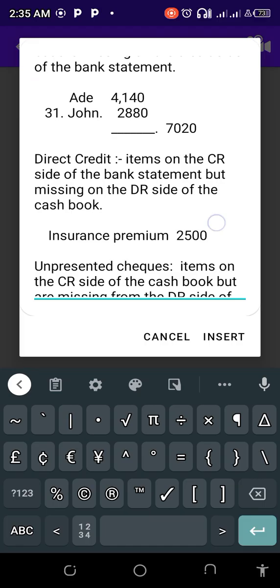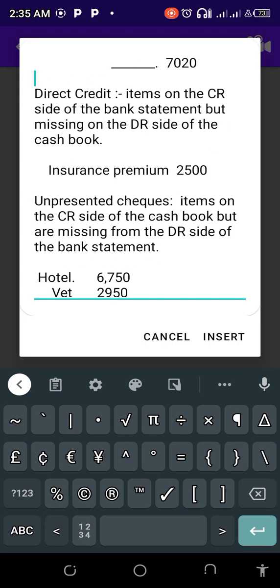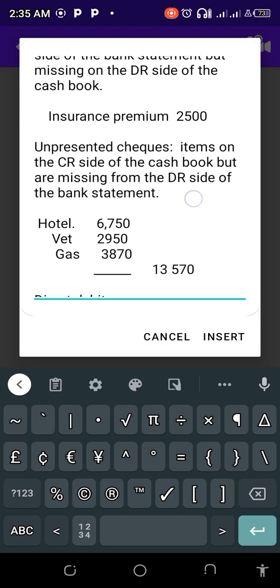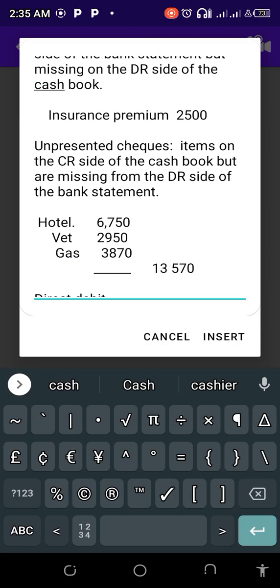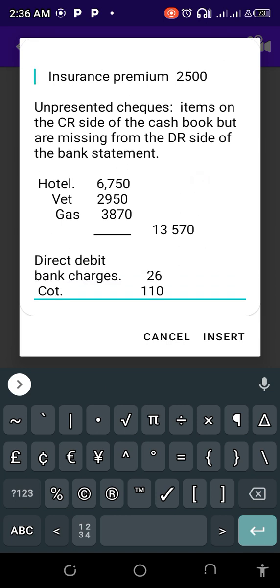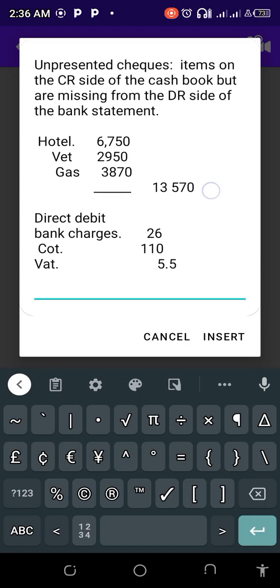Insurance premium. Then the unpresented checks, this note is explaining how we got them, and the 3 unpresented checks there are hotel, vet, and gas, and the total is what? 13,570.